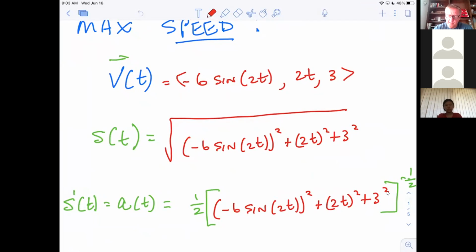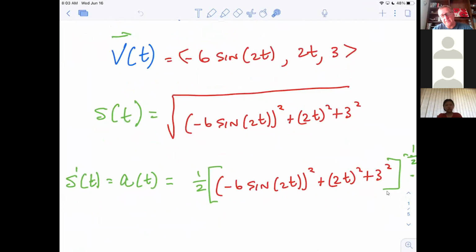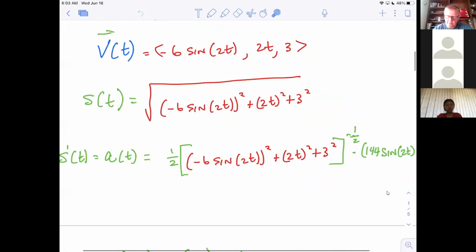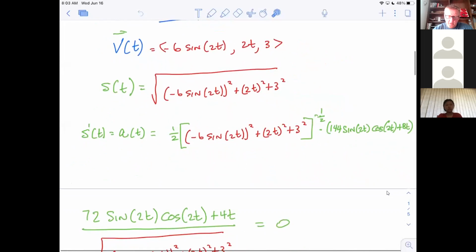You can't take the derivative of this and set it equal to 0. You've got to take the derivative of the speed. Speed is the Pythagorean theorem, so that's what you need to take the derivative of. You're not taking the derivative of a vector, you're taking the derivative of the scalar version of that, which is the speed. So you get the square root involved, and of course the derivative is a little more complicated.